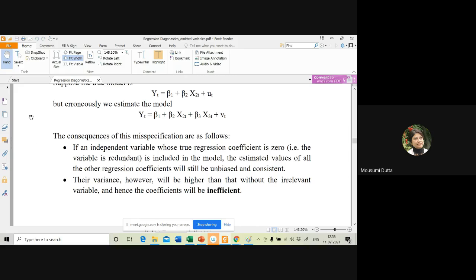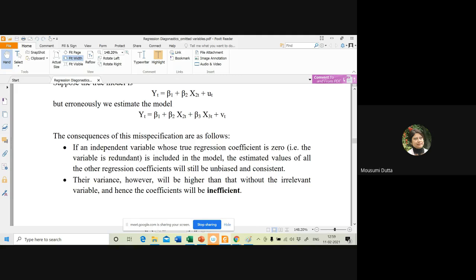Okay. So unlike the previous case, when we omit a variable, all the estimated parameters become biased. Here, if you put in more information, you will find that estimated values are unbiased and consistent.